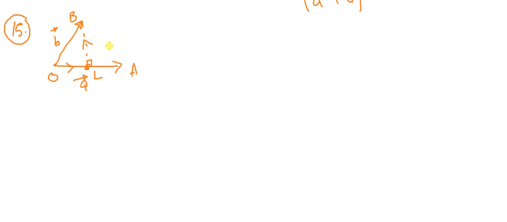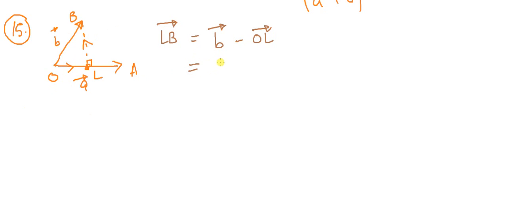Okay, so what will be the value of LB vector? That we need to find out. It's very simple. LB vector is equal to B vector minus OL vector. And what is OL vector? OL vector is actually the projection vector of OB vector.